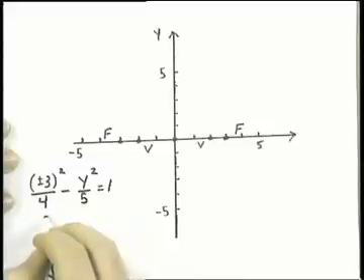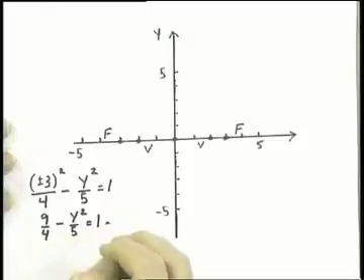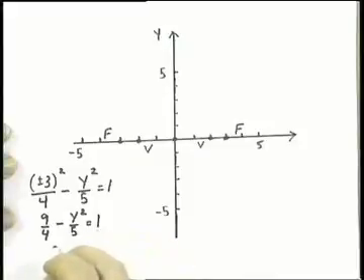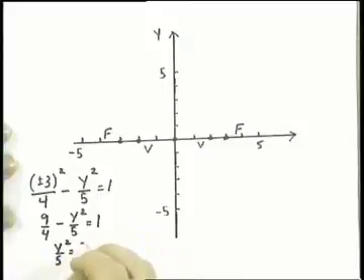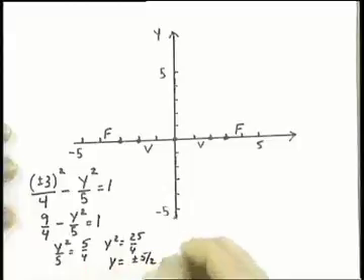That gives me 9/4 minus y squared over 5 equals 1. Subtract 9/4 from both sides of the equation. We get that y squared over 5 would equal 5/4. Multiply both sides by 5. We get y squared equals 25/4. So y is going to equal plus or minus 5/2.